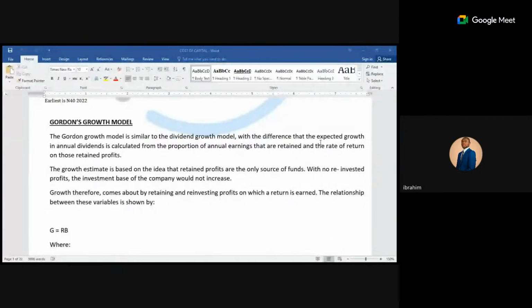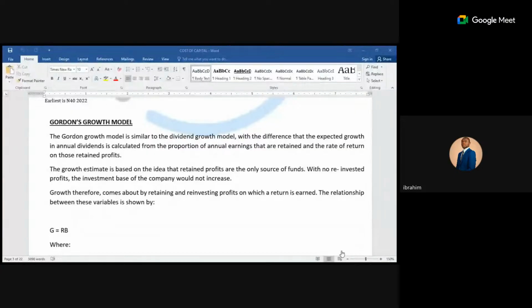That market price is cum div. It means that the dividend is yet to be paid. Class, am I communicating, please? It means that the dividend is yet to be paid.